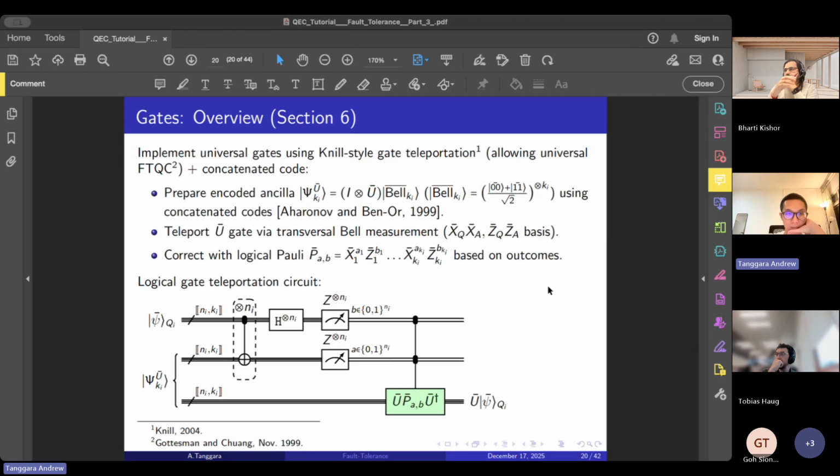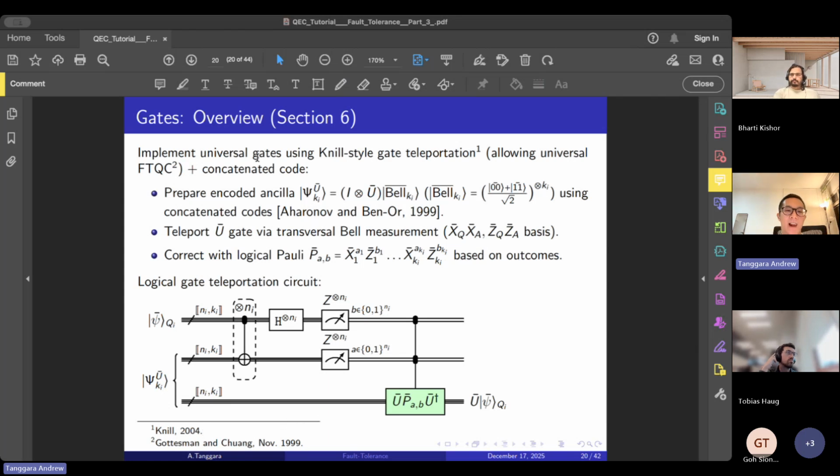The gate implementation here uses Knill-style teleportation, proposed by Emmanuel Knill, over 20 years ago.